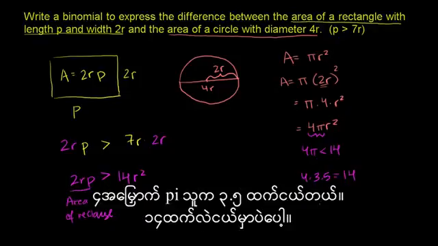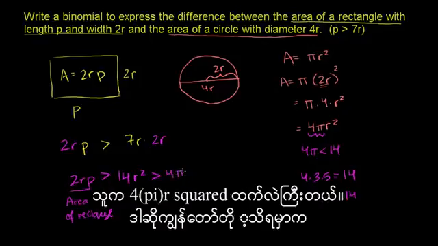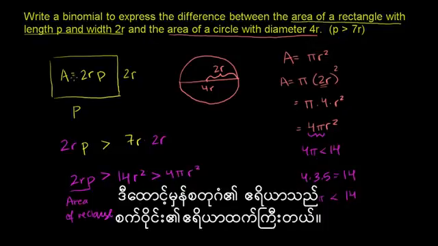So 4 times pi, which is less than 3.5, is going to be less than 14. So we know that this over here is larger than 4 pi r squared. And so we know that this rectangle has a larger area than the circle.